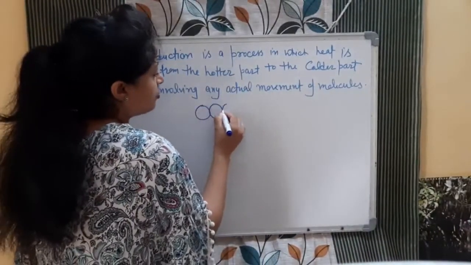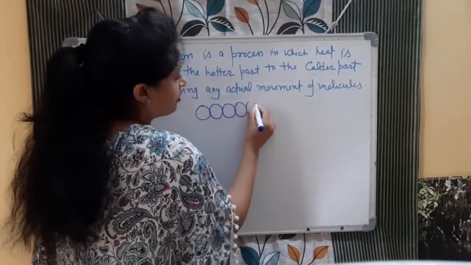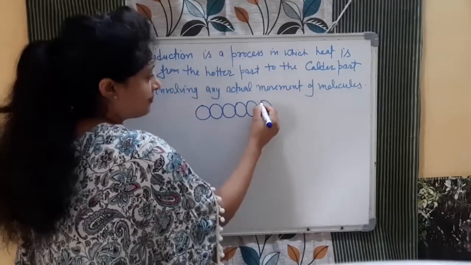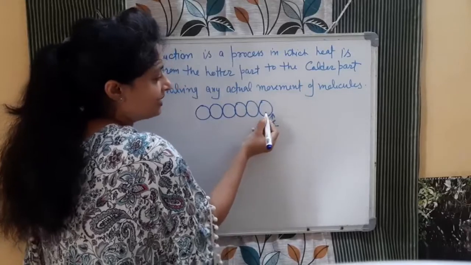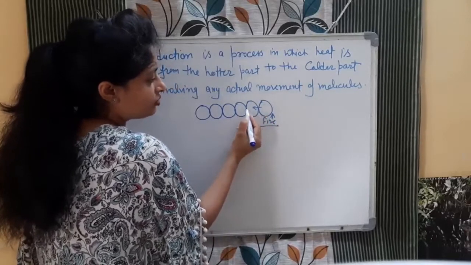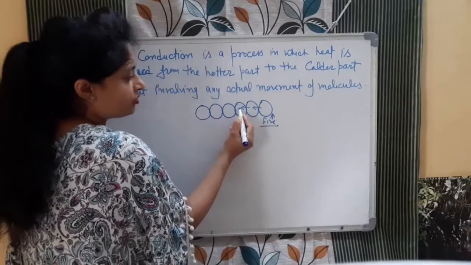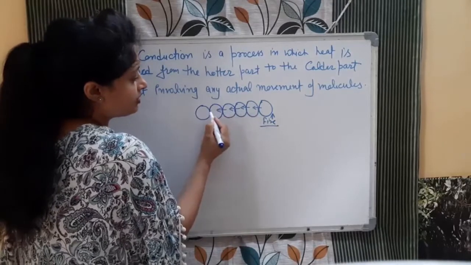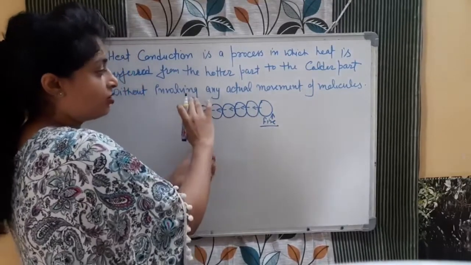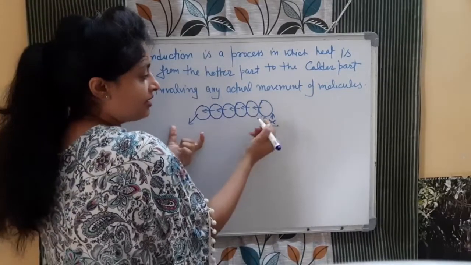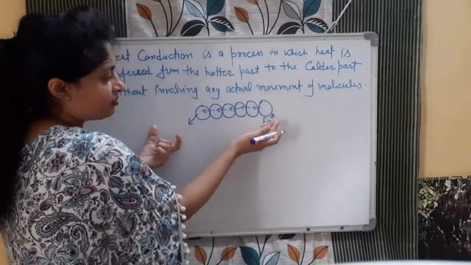If I take a rod, and these are the molecules present in it, what will happen? If fire starts from this particular part, it will get energy, then it will transfer energy to this one, then to this one, and finally it comes here. So earlier this was the colder part and this was the hotter part, but slowly energy is transferring from one to another.